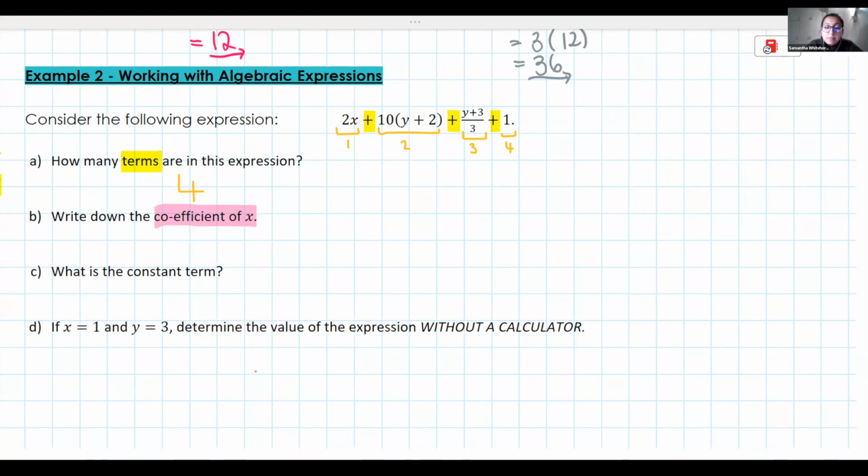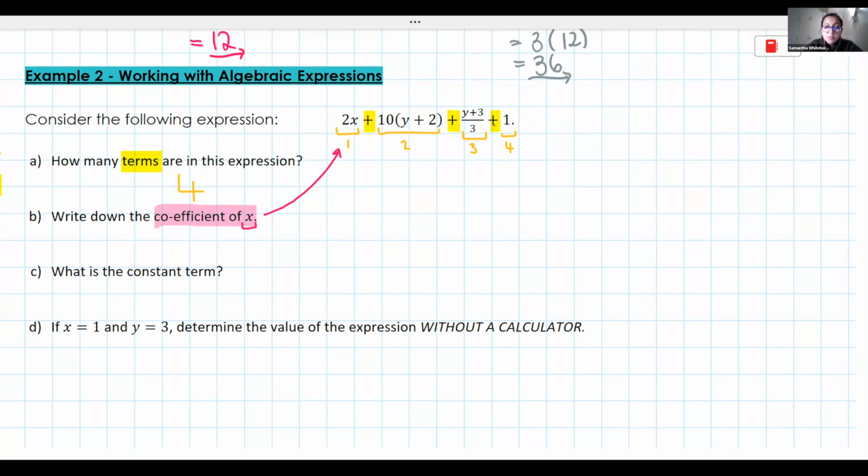All right, no problem. Very importantly, guys, as Leah has said for us, a coefficient is the value or the number in front of your variable. Now, a coefficient has an operation of multiplication between number and variable. So if we want the coefficient specifically of x, we go up to our expression to our x term.